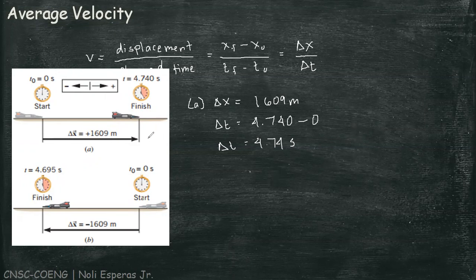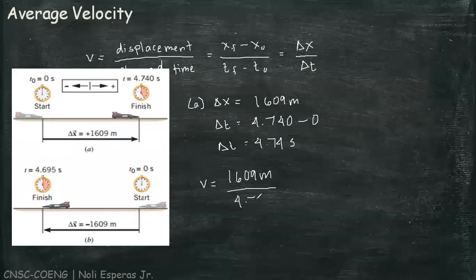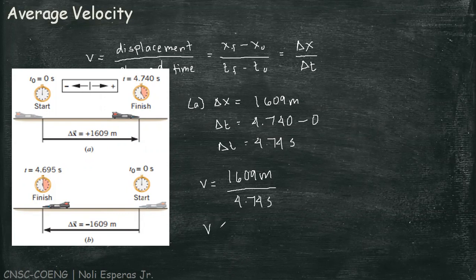Therefore, we have a positive displacement. Now let's solve for the velocity. The average velocity is equal to displacement, 1,609 meters, divided by the elapsed time of 4.74 seconds. Therefore, the average velocity is, use your calculator to compute for this one, 339.45 meters per second.